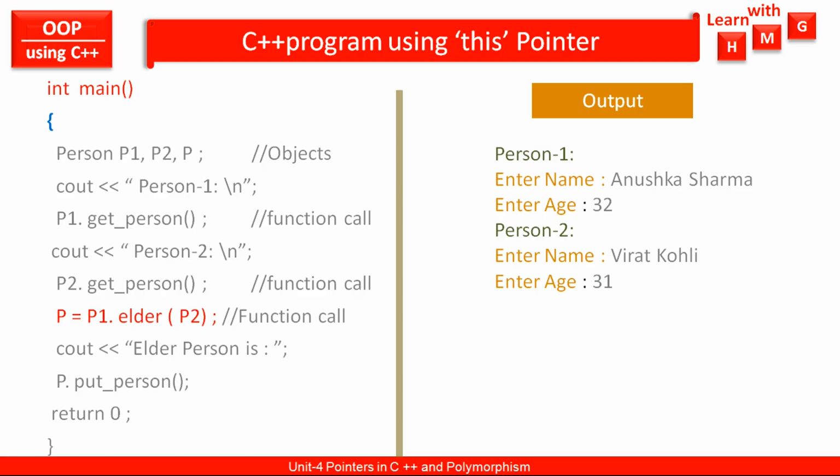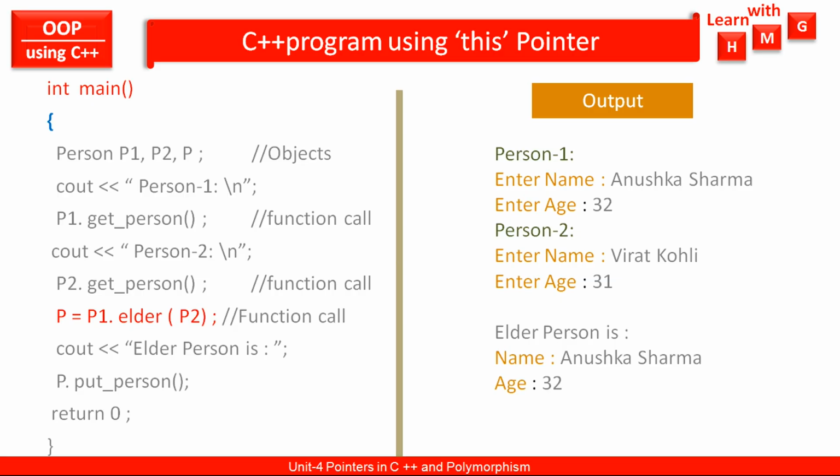Now which person is elder out of these two? If you look at this data, the age of Anushka Sharma is greater than the age of Virat Kohli. So Anushka Sharma is the elder person. The elder person is Anushka Sharma and her age is 32. So the output will be displayed like this.